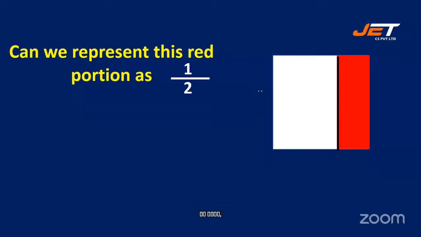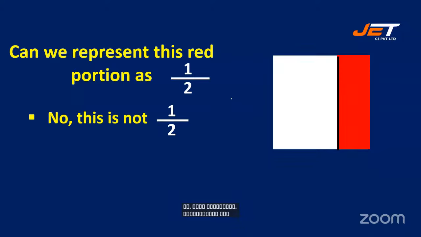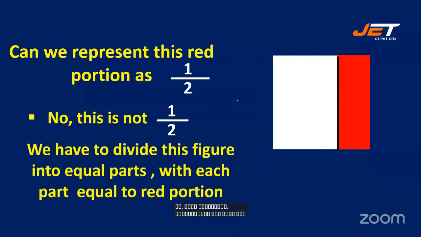Very good. Perfect. You cannot write it as 1 by 2. When can you write it as 1 by 2? Only when we have 2 equal parts. Understood, students? So no, this is not 1 by 2. So we have to divide this figure into equal parts with each part equal to the red portion.